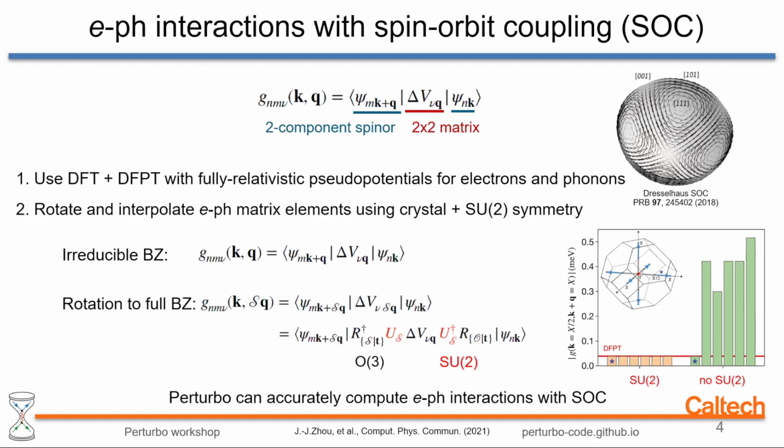So the general workflow for including spin-orbit coupling is using fully relativistic pseudopotentials for our DFT and DFPT steps for our electrons and phonons.